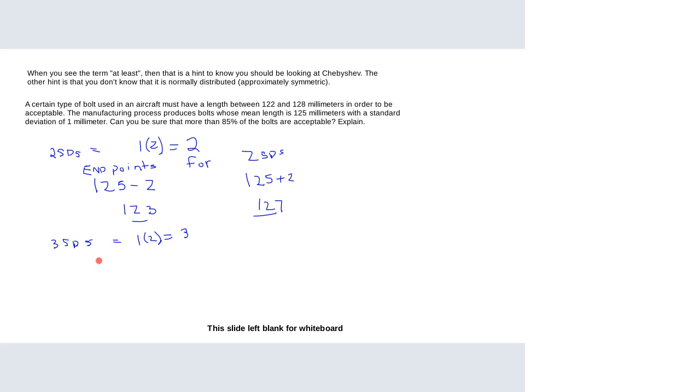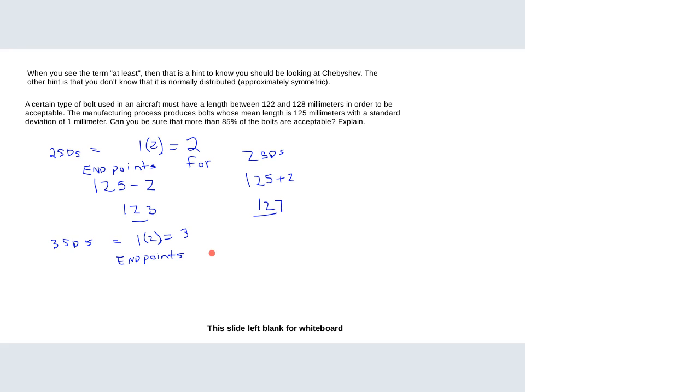All right, so here are the endpoints. And this procedure is the same thing that you're doing when you're using the empirical rule. It's just that the percentage is different for 2 and 3.